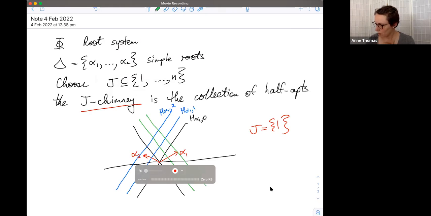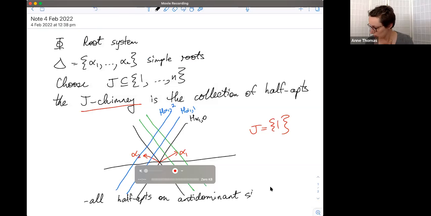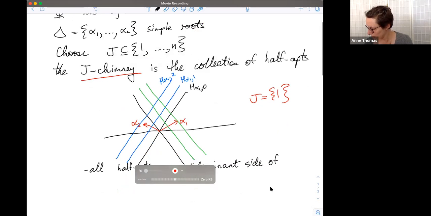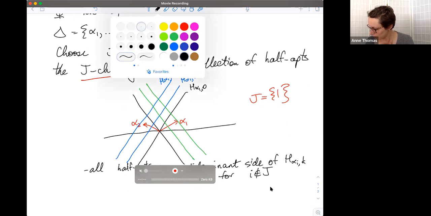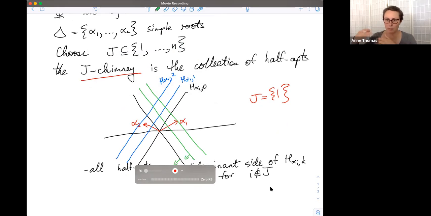So what we're going to include is all half apartments on the anti-dominant side of H alpha K, for I not in J. So what this means is we include all the half apartments sort of below this family of parallel walls.